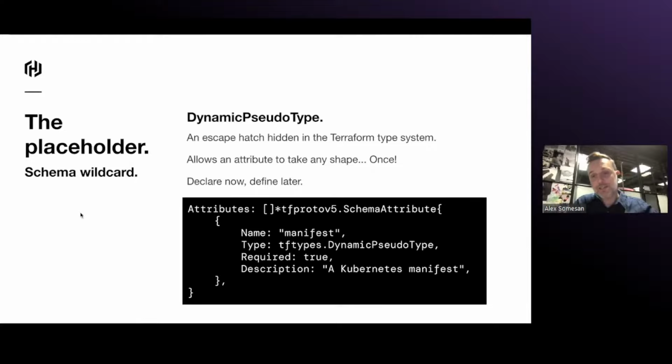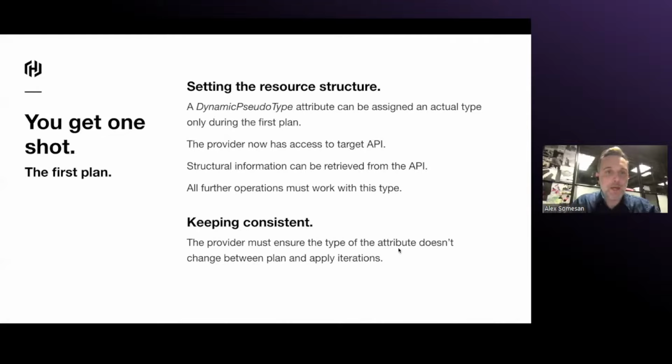But it's enough for us to be able to delay specifying structural information until we actually get access to it. And so it's essentially like a declare now, but define later kind of mechanism. And so we tell Terraform that we are expecting an unknown structure of this attribute, but we will have more information about it later. And by later, I mean we delay it from the get schema moment all the way to the plan moment.